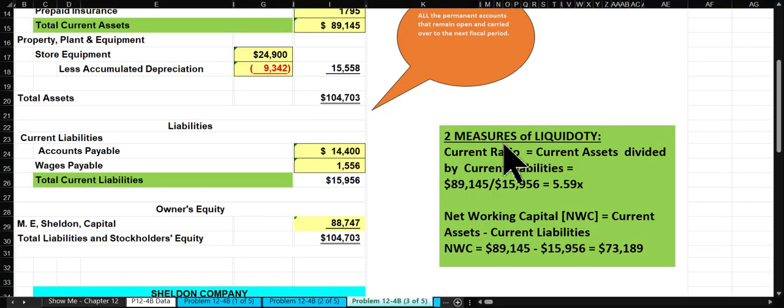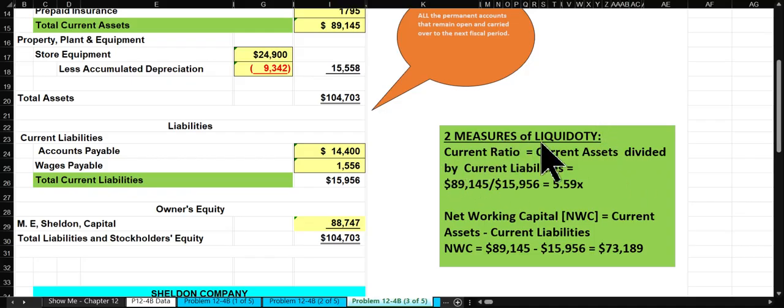The other thing that we can do, or one of the other things that we can do with these financial statements, is we can calculate what are called financial ratios. These are calculations that show us the relationship between at least two different values.